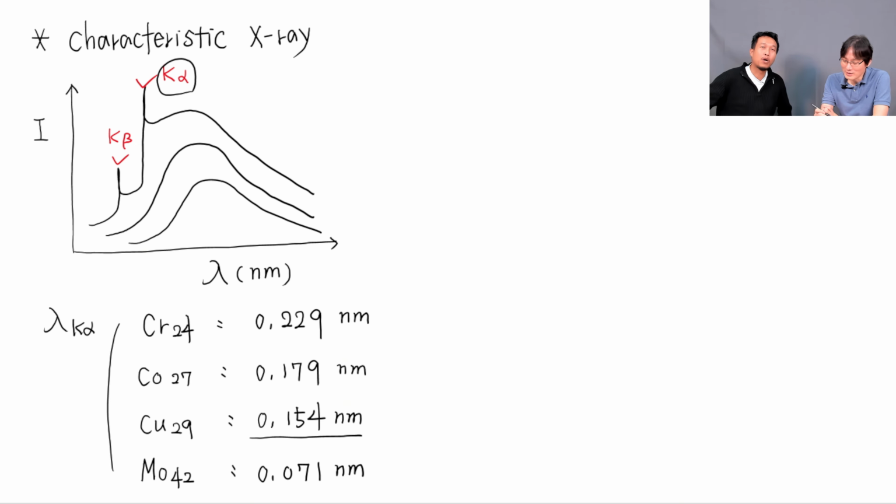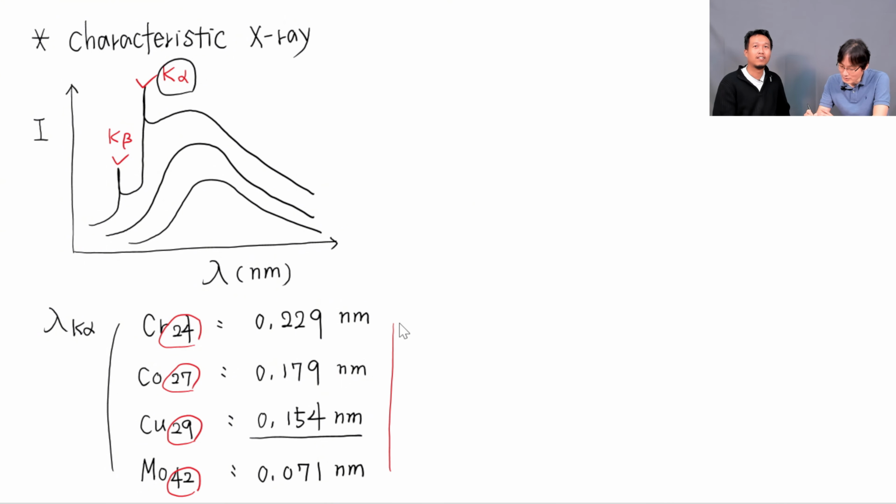Then we can see something very interesting. Look at that: the atomic number increases, but the wavelength decreases.